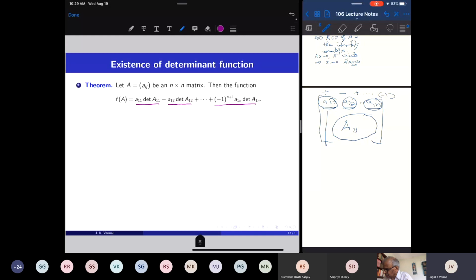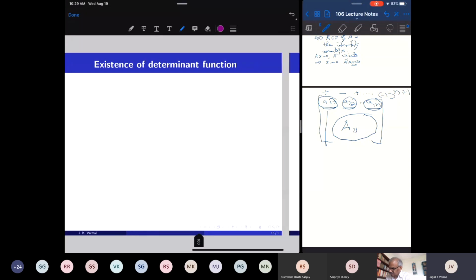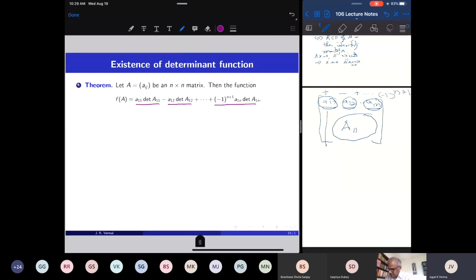The last sign will be (-1) to the power n plus 1. So I'm defining a function in terms of determinants of smaller matrices of order n-1 by n-1. I want to show that this is a determinant function. This is called the expansion by the first row.